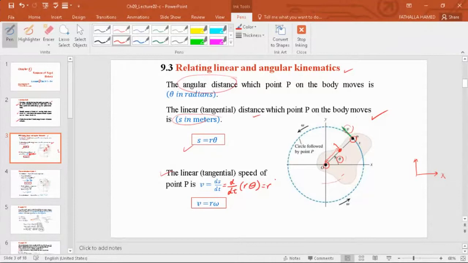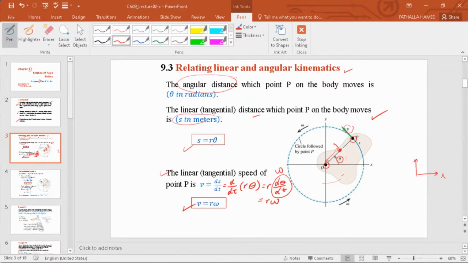It's not going to change as the body is rotating and the point is fixed from the axis of rotation at this r. So r is fixed. d theta by dt. And you know that d theta by dt is equal to omega. So this will equal r omega. So your tangential speed here is equal to r omega.